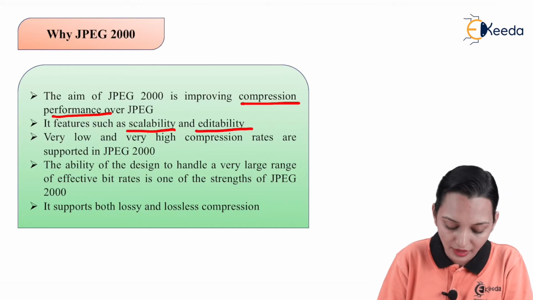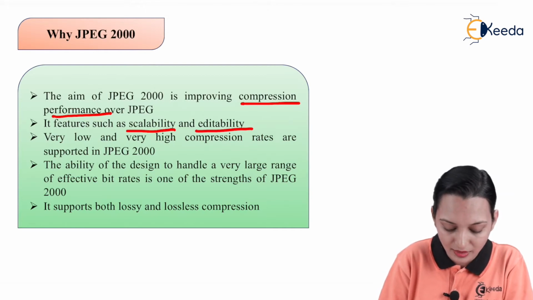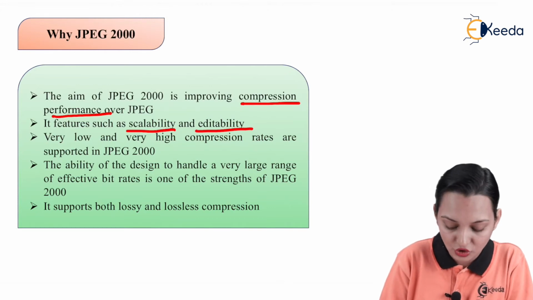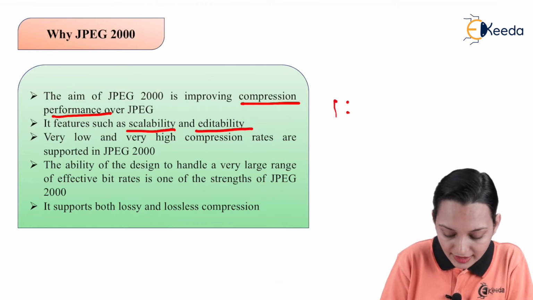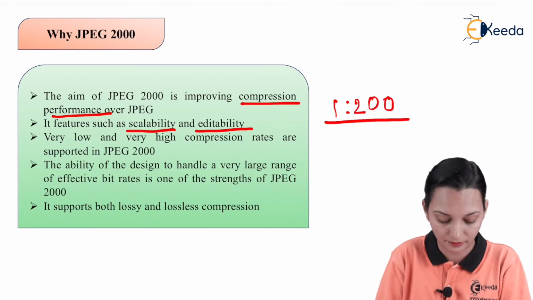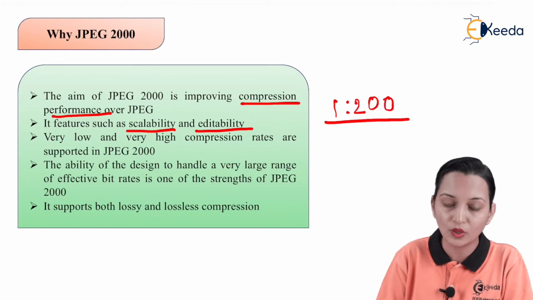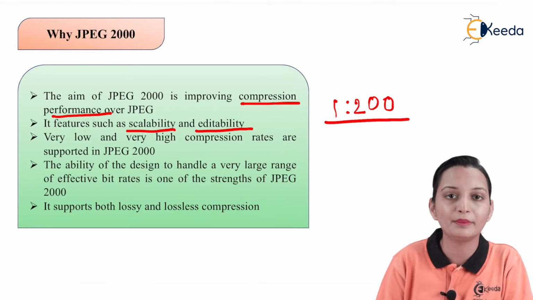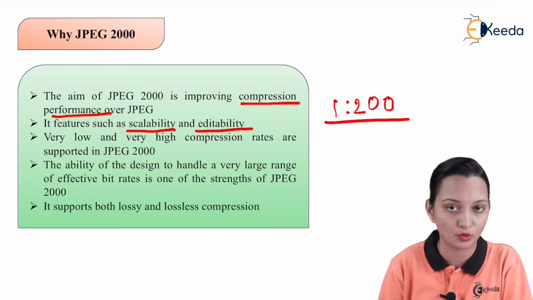Very low and very high compression rates are supported in JPEG 2000. As we have already seen, JPEG compression can support a compression ratio from 1 to 200. But for very low as well as very high compression rates, JPEG 2000 is able to support them.